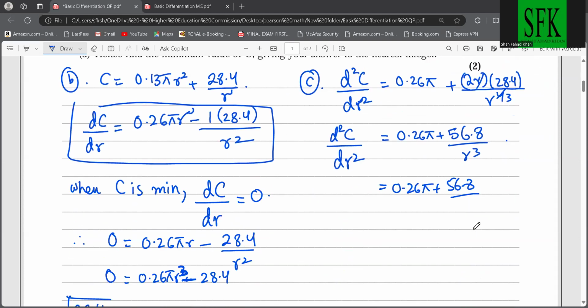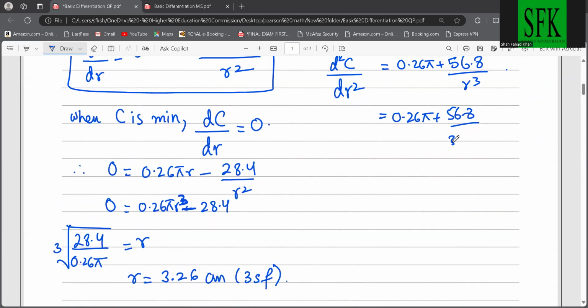We simplify this further. With the value of r which we calculated, 3.26, cubed, calculating this turns out to be 2.46. 2.46 is a positive number.